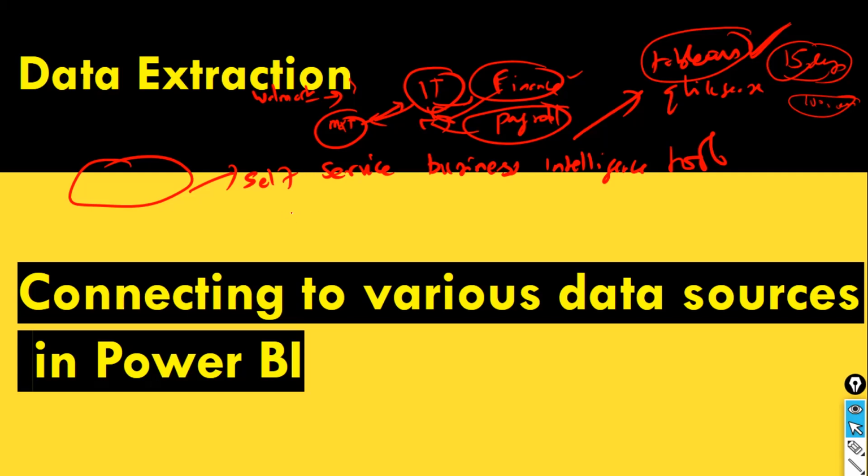It will update your existing software, and all the features they introduced, you can utilize. With the advanced features, you can perform advanced analytics. That is the advantage of this.